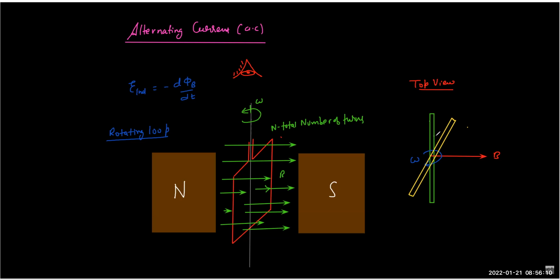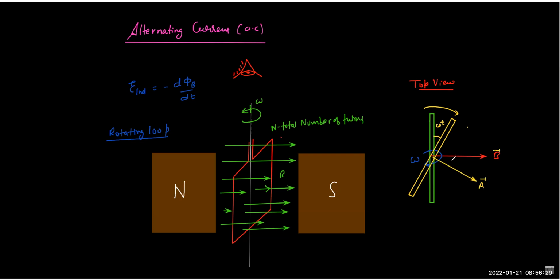And because it is turning by angle omega t, the area vector, which is always perpendicular to the loop, will also turn like this. So after time t, the area vector is like this.